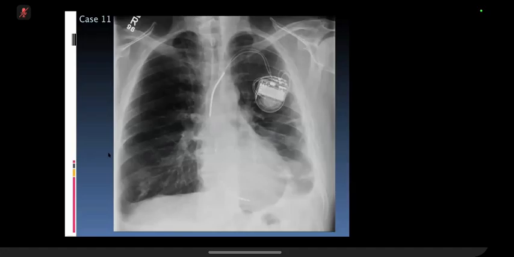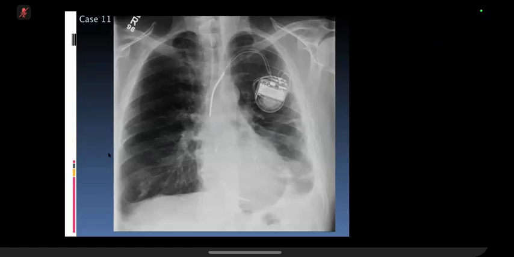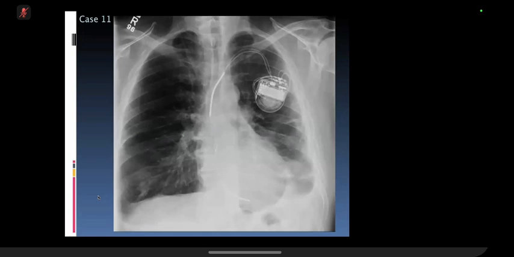Looking at the heart itself, there appears to be a bit more increased lucency projected over the left side of the heart. I wonder if there is possibly some gas within the pericardium.